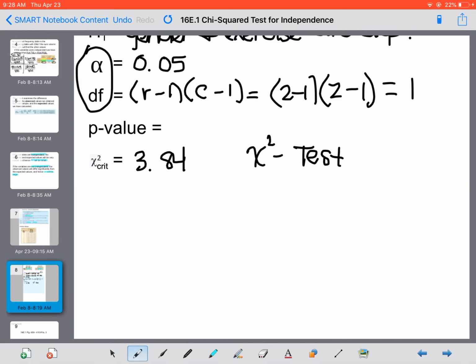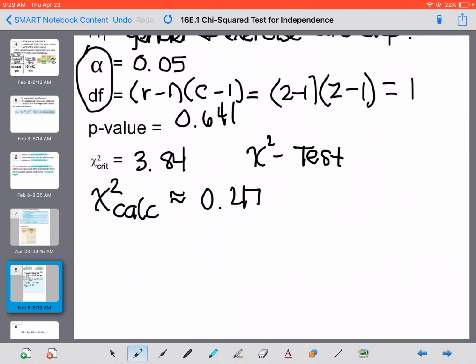So then you just calculate, and it gives us our chi-squared calc value is 0.217, and our p-value, we can fill that in as 0.641.